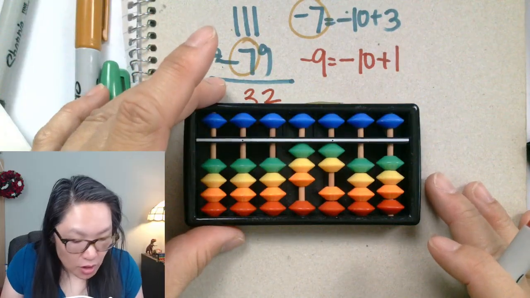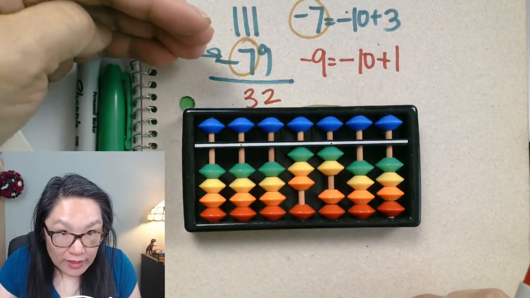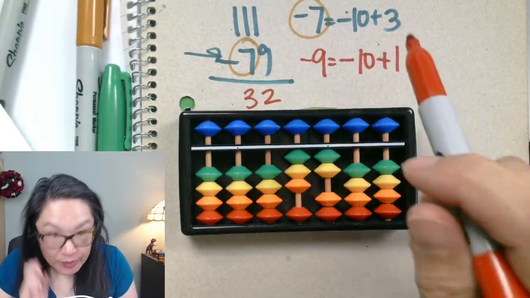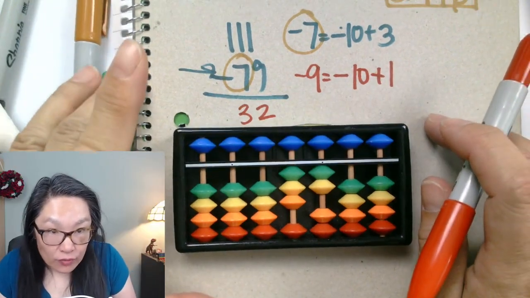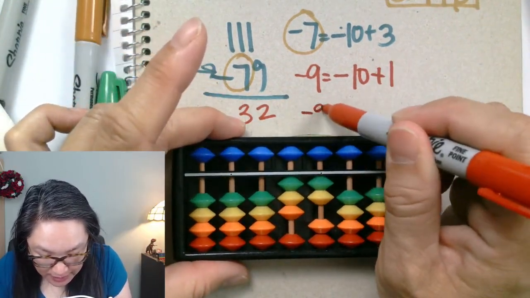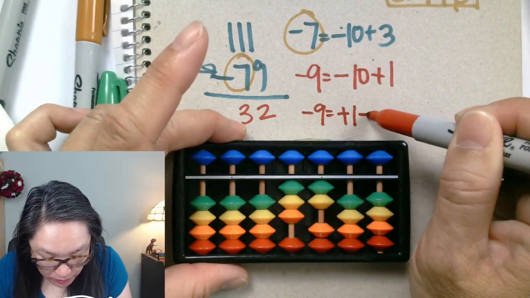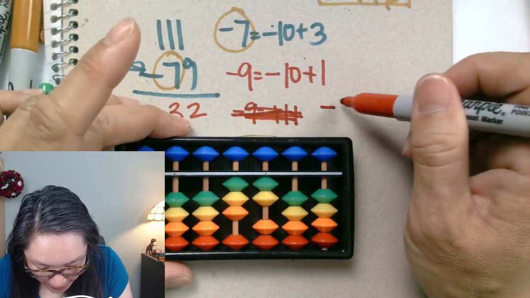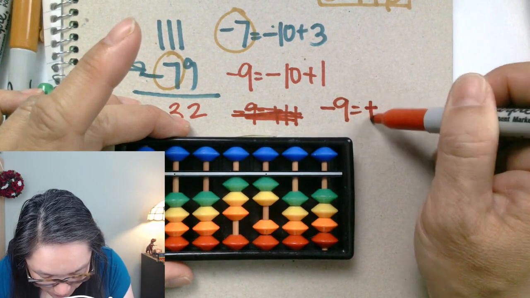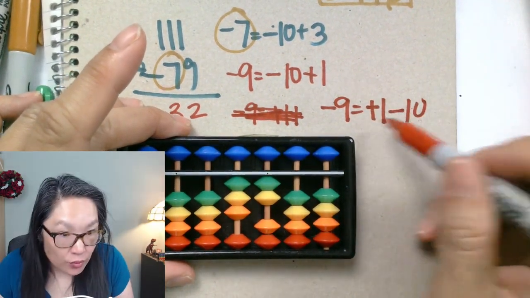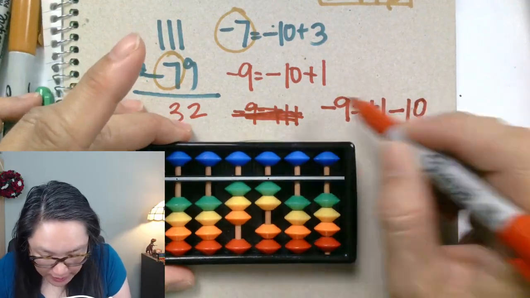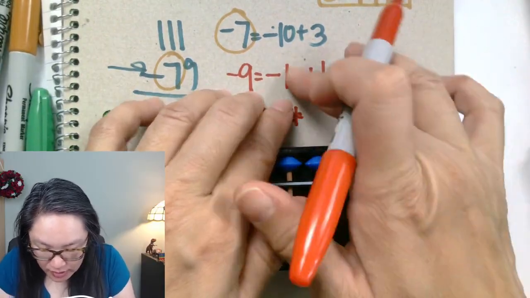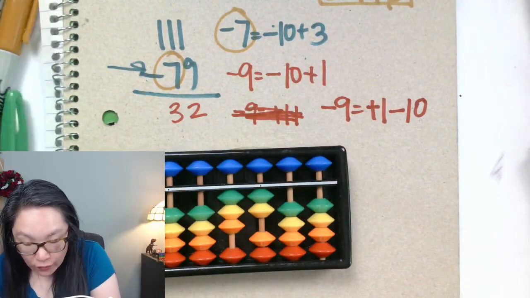Did that make sense? When you do it, make sure you go from the left side first. Always go left and then right. That might be the difference. But don't forget that you could do it this way: minus the 9 is equal to plus 1 minus 10. You can do either. It doesn't matter which way you go first in the formula.